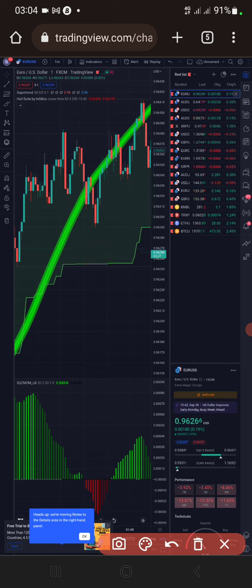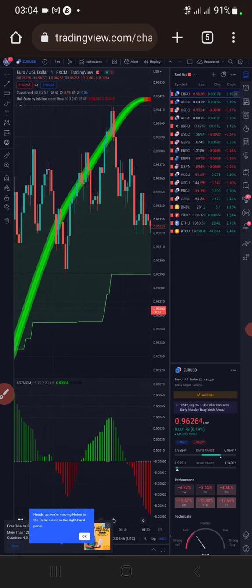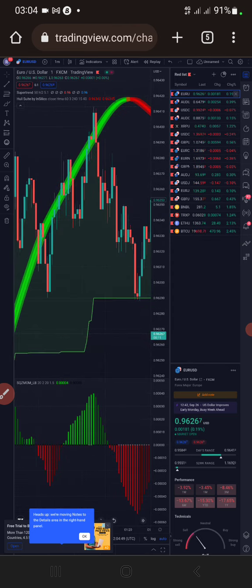So it literally identifies when the market is in a trend and when the market is not in a trend, so you can know where to stop trading and when to continue with your trades. So that's basically what the squeeze indicator is.